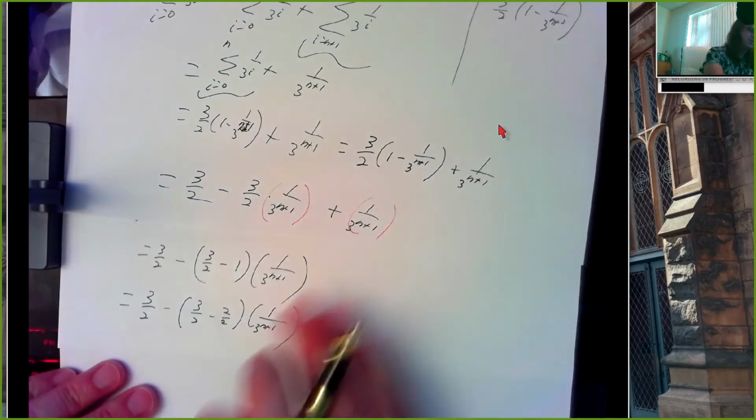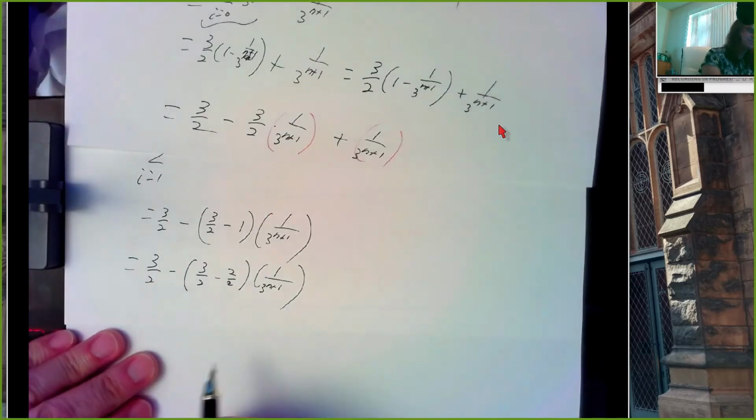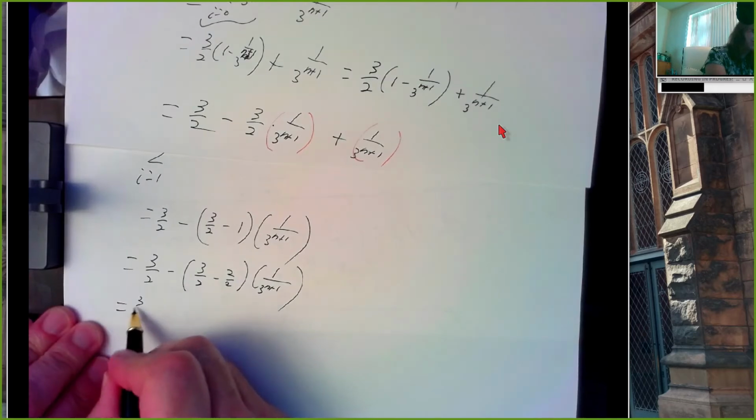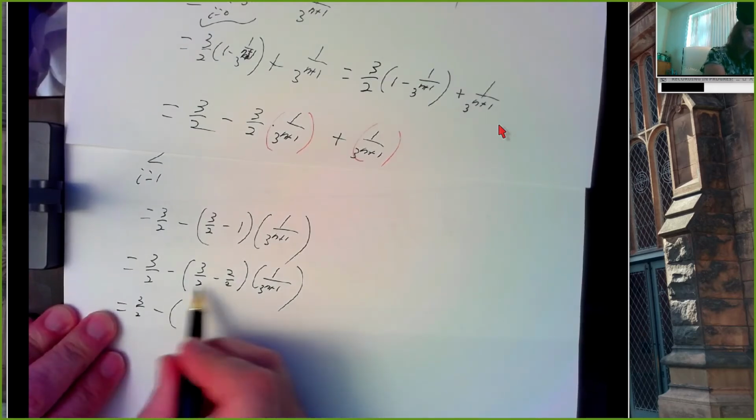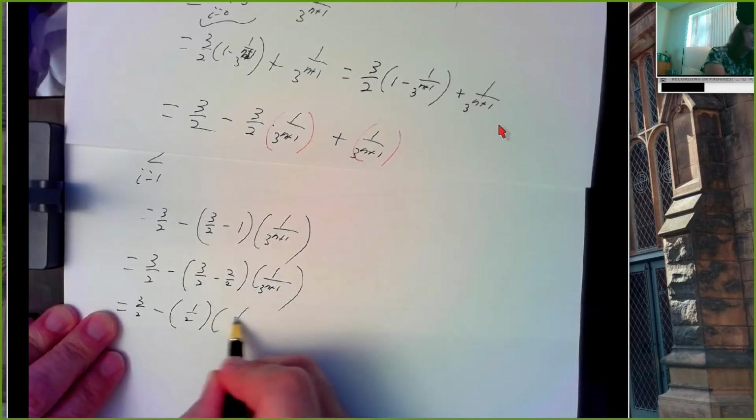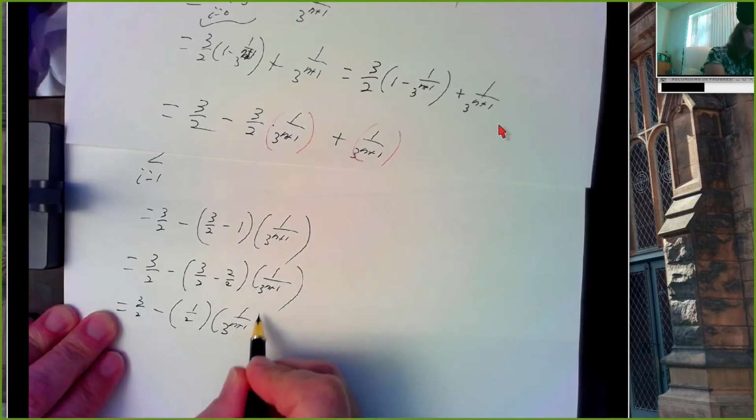So let's just proceed confidently. So this is 3 halves minus, and 3 halves minus 2 halves is 1 half times 1 over 3 to the n plus 1.